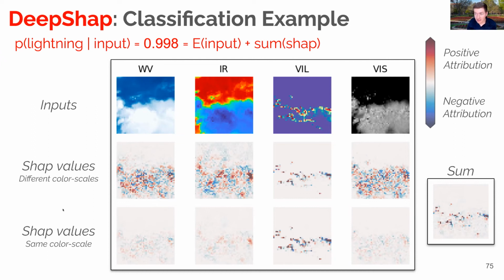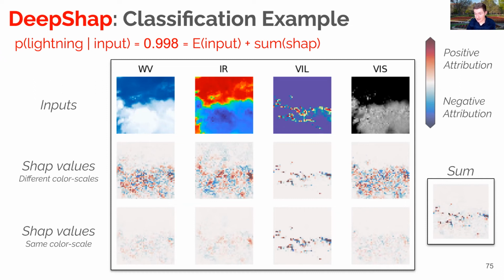And it seems to be really focusing on the VIL as the most important predictor. That's one nice property of these SHAP values: if you take the sum of all of these SHAP values, which is what I'm picturing in the bottom right, and add the expectation value, you get exactly the model output for that image example.